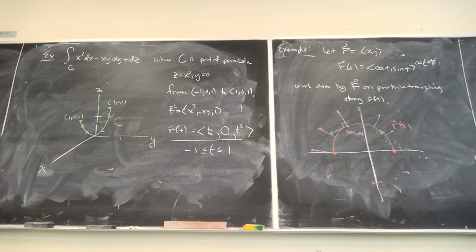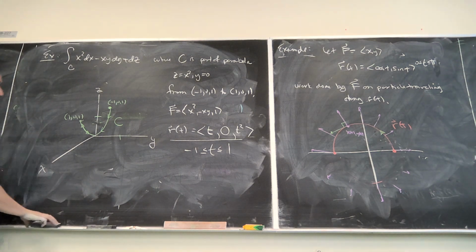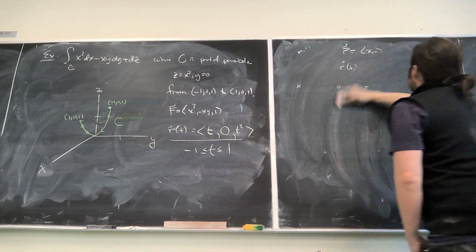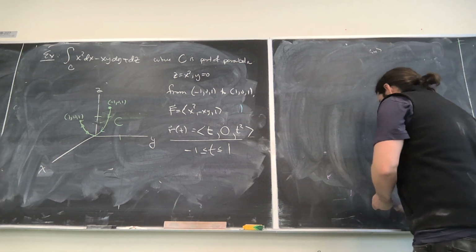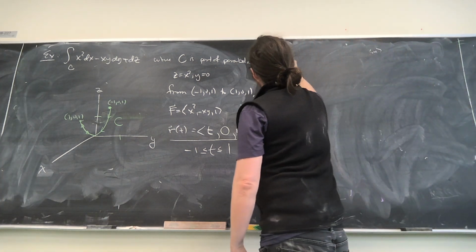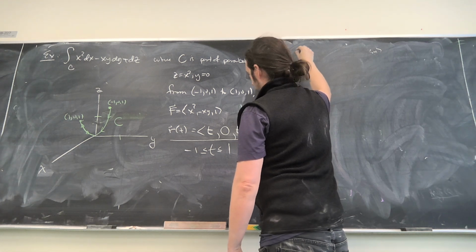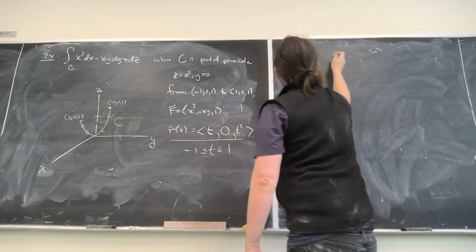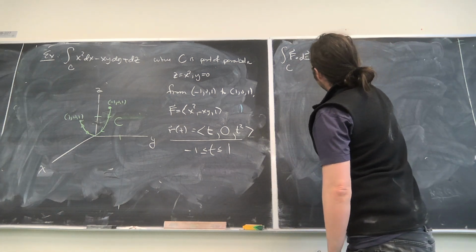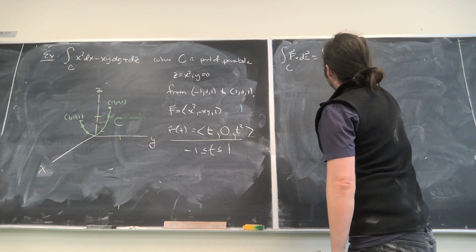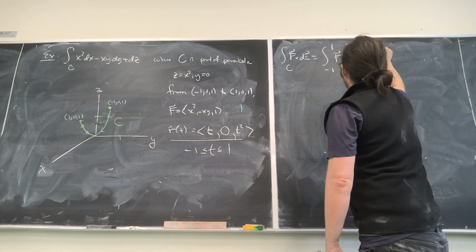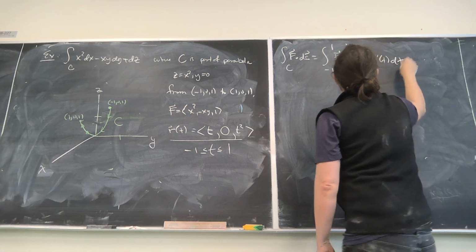So if I was going to set up this integral subject to these pieces, I know that I'm looking at the integral over C of F dot ds. Hopefully, that's equal to the integral from -1 to 1 of F of r of t dotted with r prime of t dt.